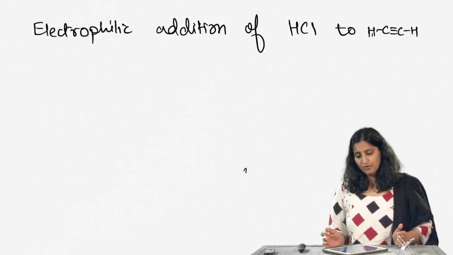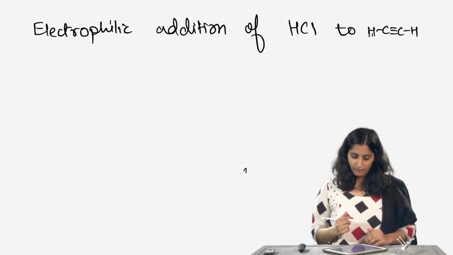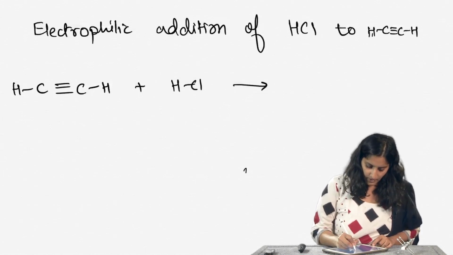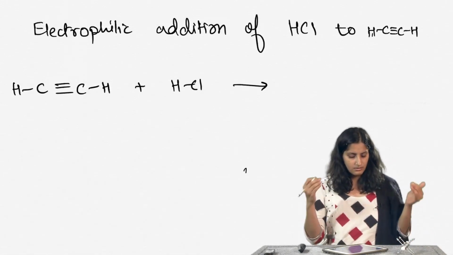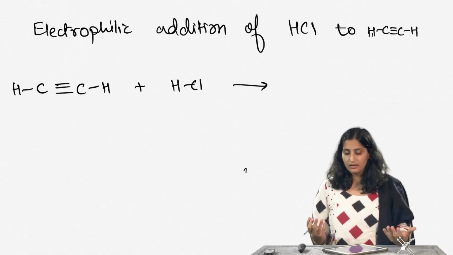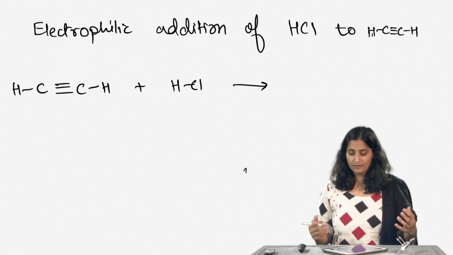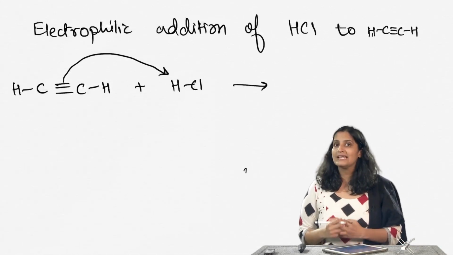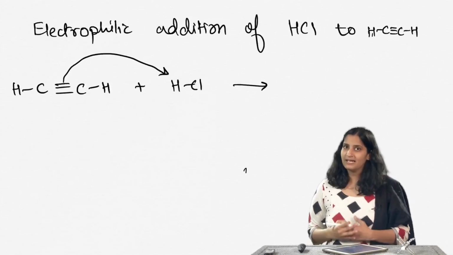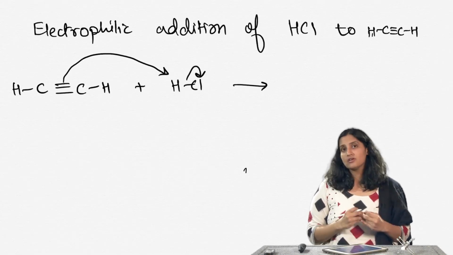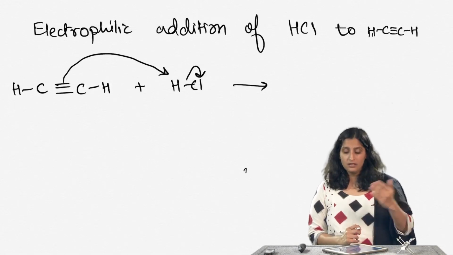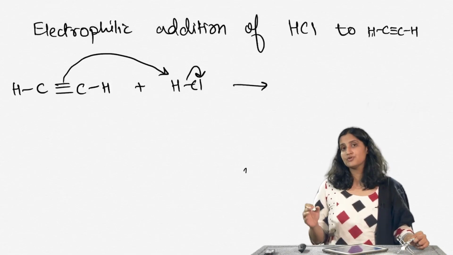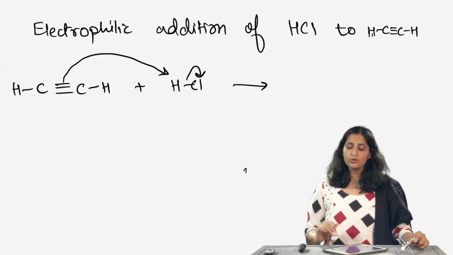Let us assume that we have taken 1 mole of acetylene and 1 mole of HCl together, and again my chemical gut tells me that the triple bond is going to be the nucleophile because it has electrons in it, and it is going to attack the hydrogen which is really electron deficient, which is basically my electrophile. So, as the pi electrons of the pi bond of an alkyne attack the hydrogen, hydrogen does not want to form two bonds. So, what it does is it pushes the electrons of the hydrogen chlorine bond towards chlorine.